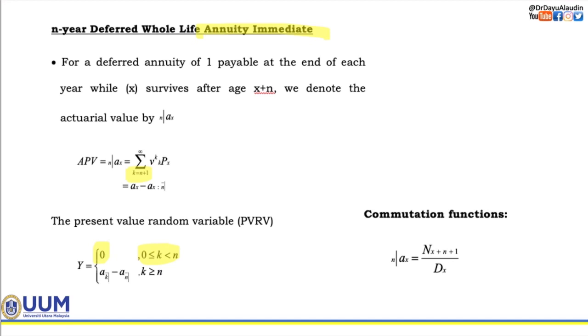If the death happened at n years or after n years, this is the present value random variable. So this is the notation for annuity immediate. The difference is only the numerator, N_{x+n+1} over D_x.